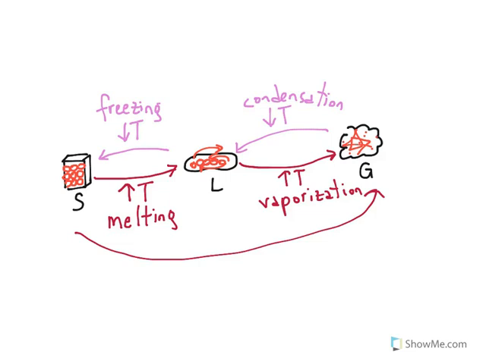Well, anyone who's gone to HEB, in the past, you can buy what's called dry ice. Dry ice is just a chunk of CO2 that's solid, but at room temperature, CO2 doesn't want to exist as a solid, so it immediately turns into a gas without turning into a liquid first.